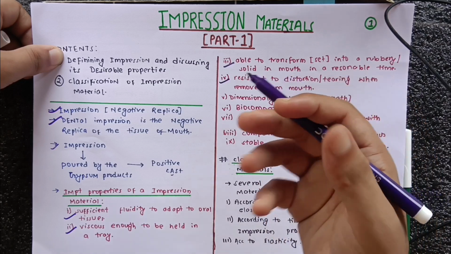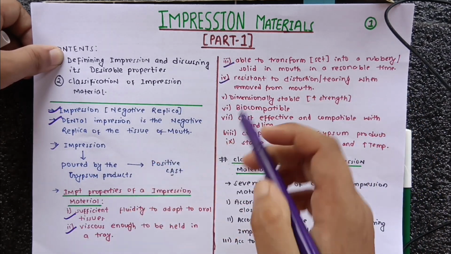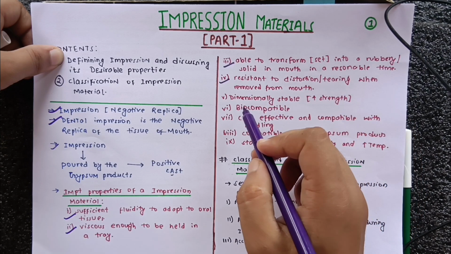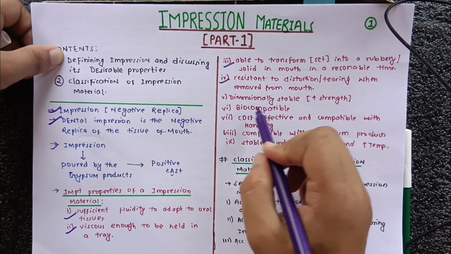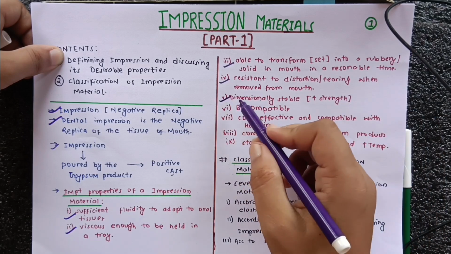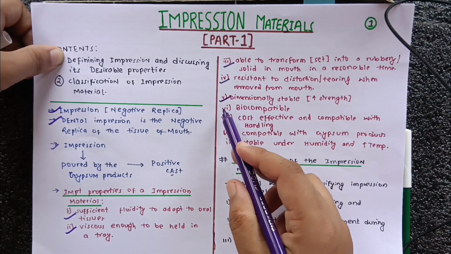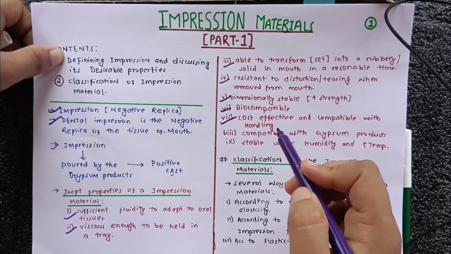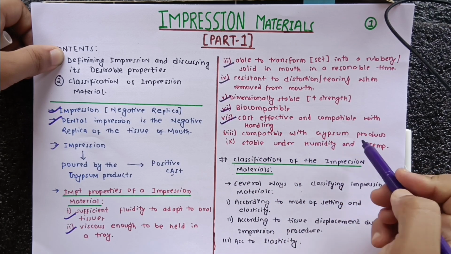Then dimensional stability, so it should be dimensionally stable, and it should have high strength. Similarly, it should be biocompatible, cost effective, compatible with handling, and also compatible with the gypsum product.